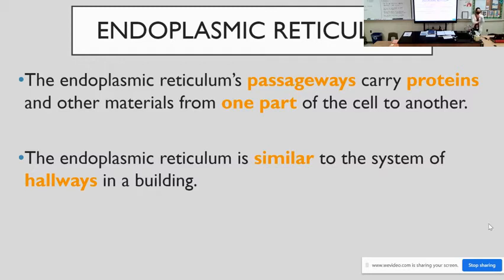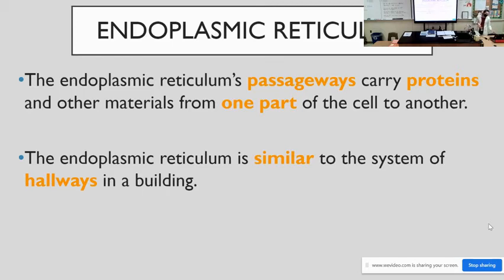Okay, so if you thought of yourself as a little ribosome or a piece of protein, and you were going to lunch out in the hallway, everybody's moving around with you, and you're going from one place to the other through that passageway. So that's what the endoplasmic reticulum serves as. It's just that passageway to get that protein or ribosome from one place to another.